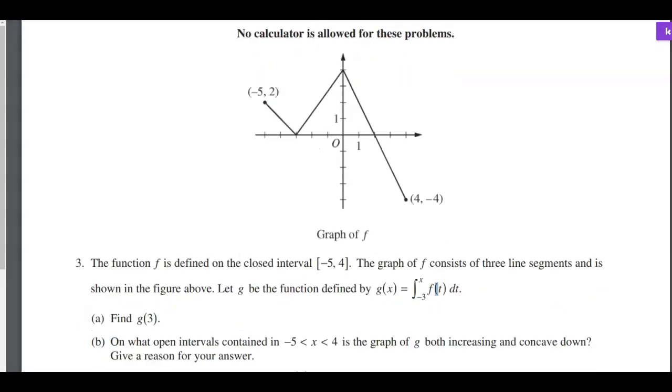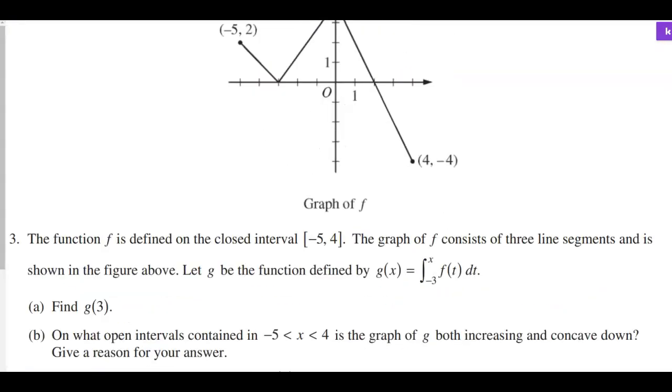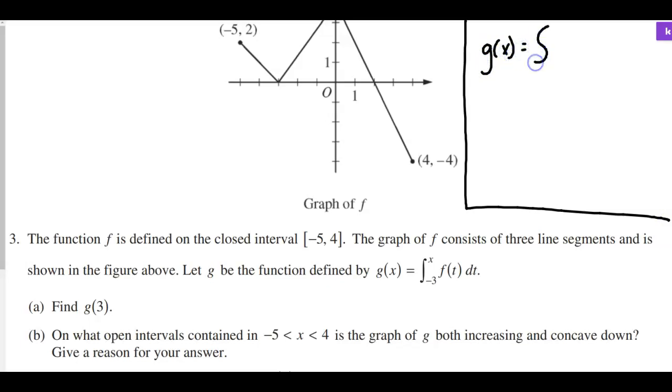So for part B, before I begin doing it, I'm going to write down some useful information, and I would highly encourage you guys to write it down as well. So they tell me that g is equal to the integral from -3 to x of f of t dt.